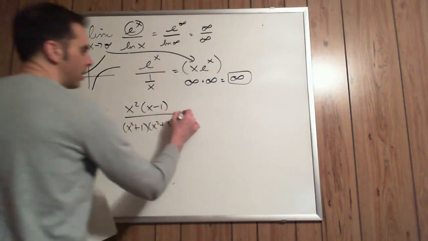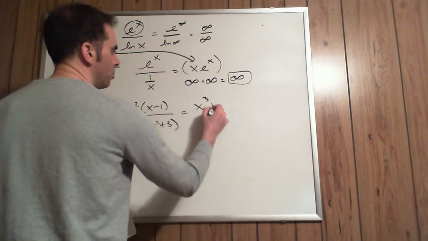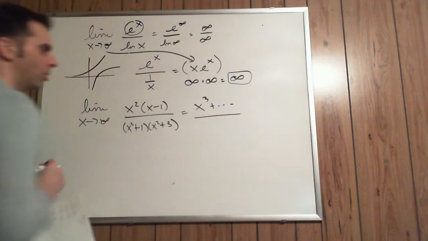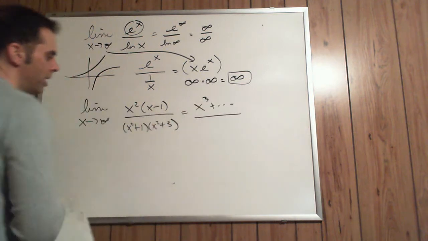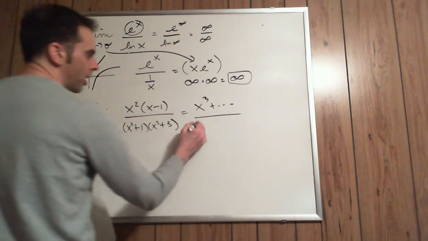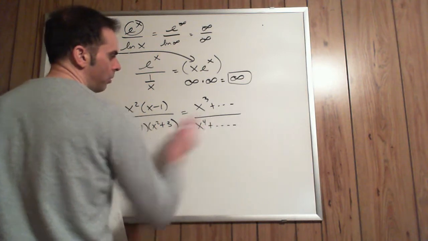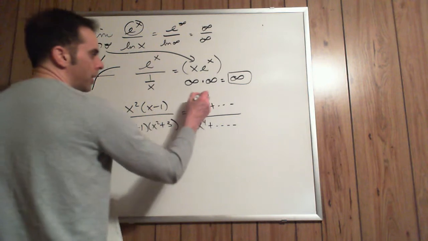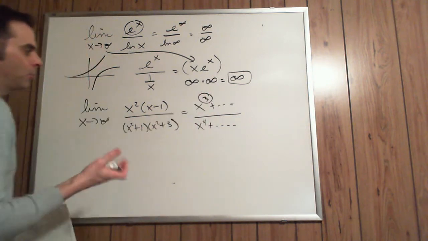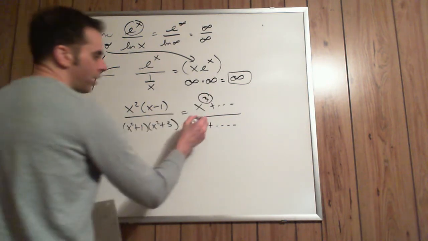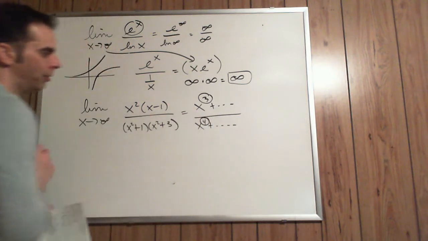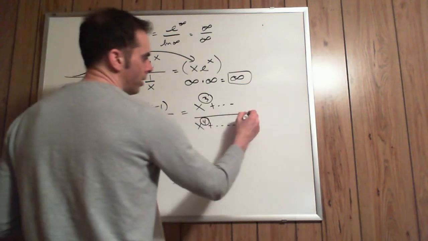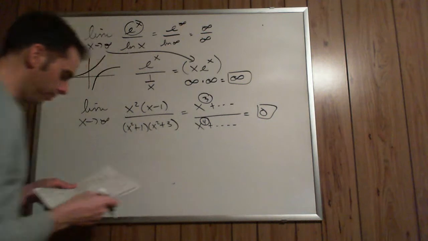Or just realize that on top, you're going to have x cubed plus these smaller terms of lesser degree. And here on the bottom, you're going to have x to the fourth plus terms of lesser degree. So the x cubed will dominate in the top. The x to the fourth will dominate in the bottom. The x to the fourth wins, so the answer to the limit would be 0.